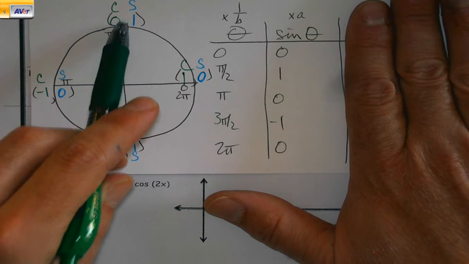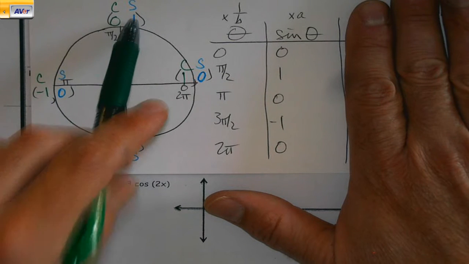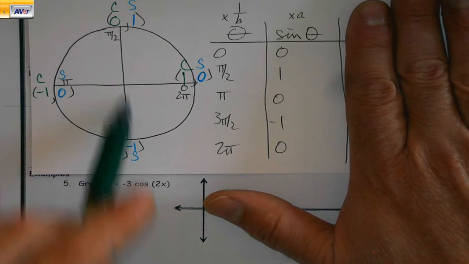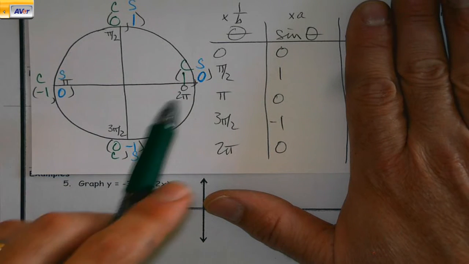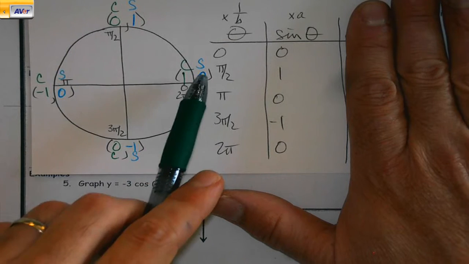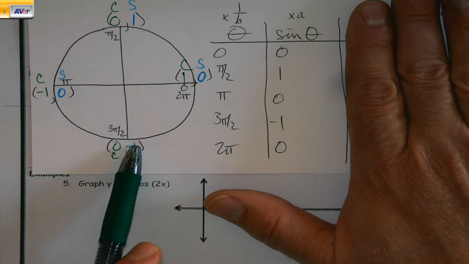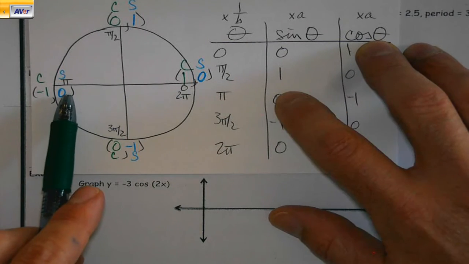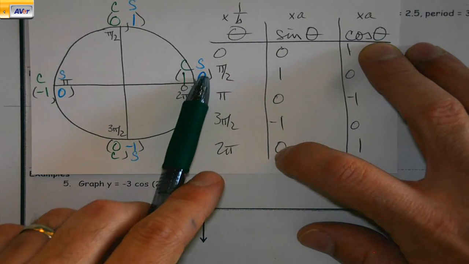If I go up 1, the y value goes up 1. If I go left 1, the x value is negative. If I go down, the y value is negative. And we said how all of the second values, the y values, were my sine values. So 0, 1, 0, negative 1, back to 0.